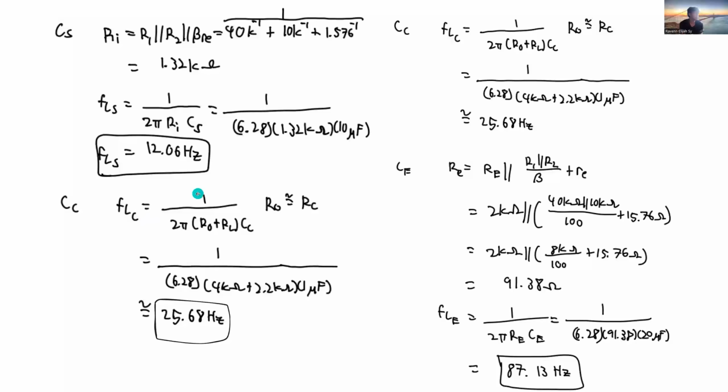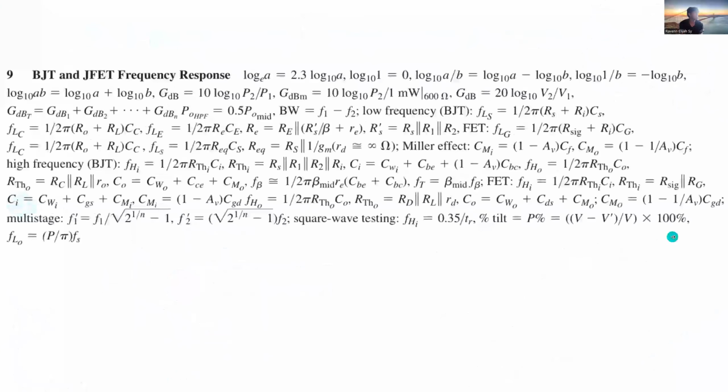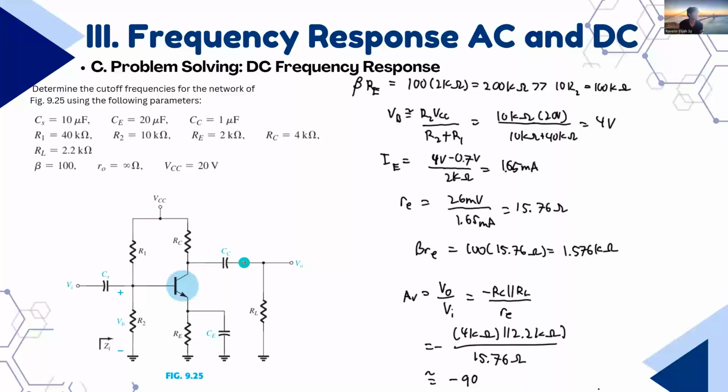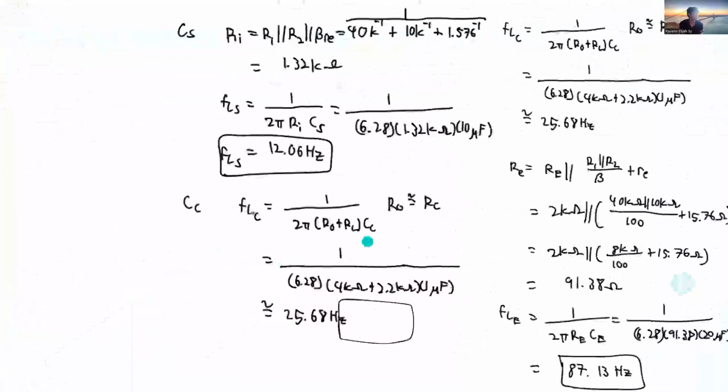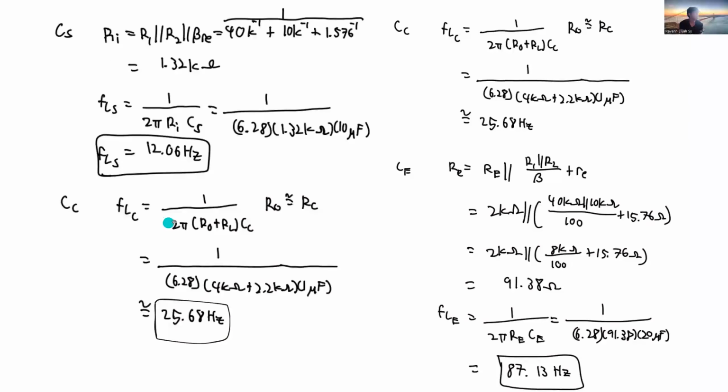Next, for the formula of coupling capacitance, CC is 1 over 2 pi quantity RO plus RL, then the coupling capacitance. Now, RO is approximately equal to RC.